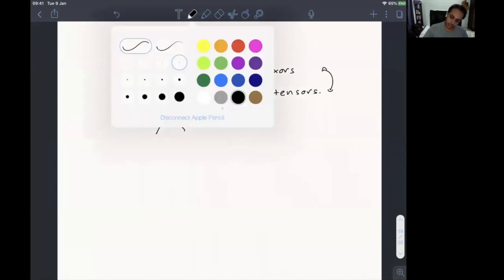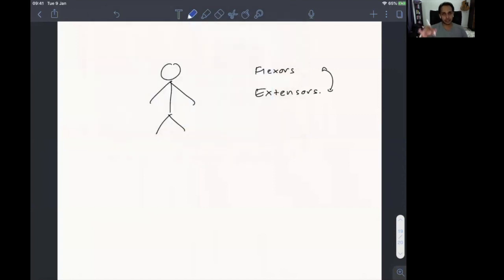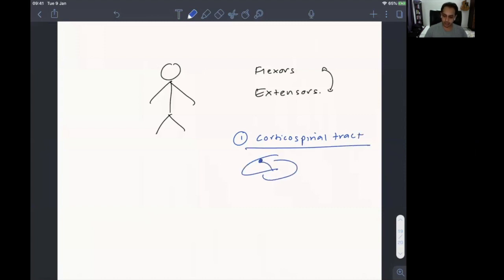Now, you know that your main tract that controls the muscles of your body is known as the corticospinal tract. So this corticospinal tract arises from the motor cortex and then comes down to the brainstem, crosses over, and then comes down to the motor neuron and then controls the muscles. So we have already discussed this before.